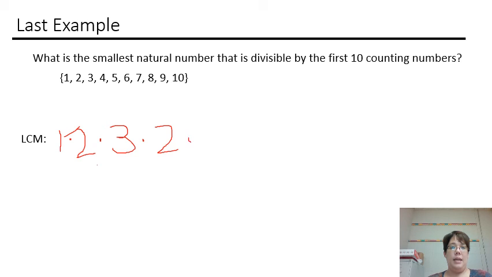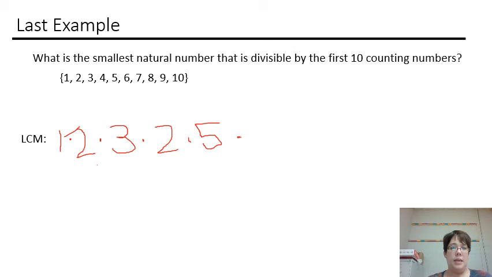So I'm going to add in a 5. Okay, 6. 6 is going to be 2 times 3. Well, I already have 2 and I have 3. So that takes care of 6.